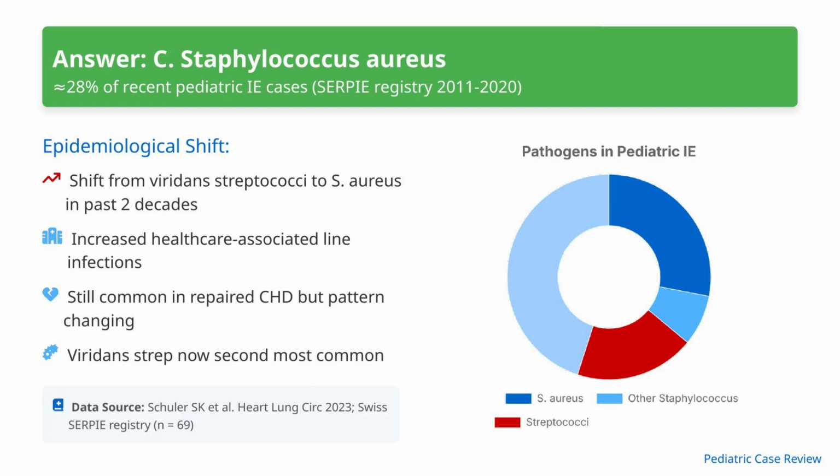This shift is partly due to increased healthcare-associated line infections. Viridans streptococci now rank as the second most common causative organism, while infective endocarditis remains common in children with repaired congenital heart disease. The pattern of causative organisms continues to evolve, making Staphylococcus aureus the predominant pathogen in high-income regions.